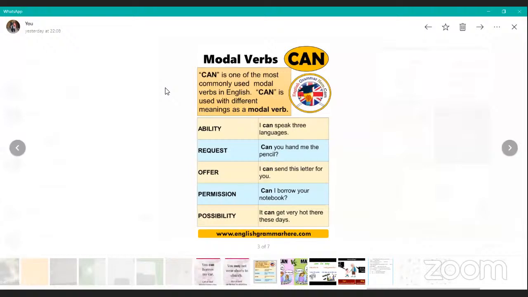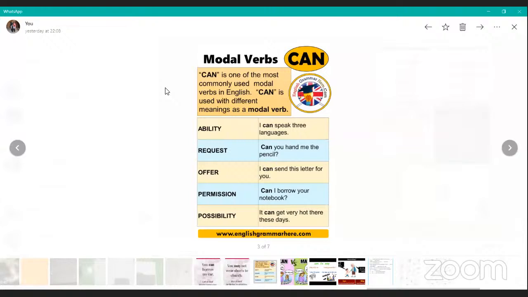Then at the end of the lesson, I will give you the opportunity to present your sentences. Now I can see some of the students have raised their hands. At the end of the lesson, I will give you the opportunity to ask questions.